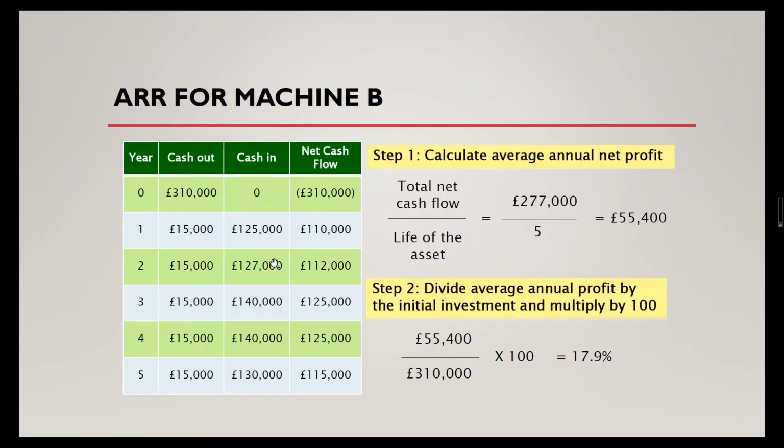First of all, we have to calculate the net cash flow. So the net cash flow today, which is year 0, is no money inflow, 0, minus the £310,000 initial investment of cash outflow. Therefore, our cash outflow for year 0 is a negative £310,000.